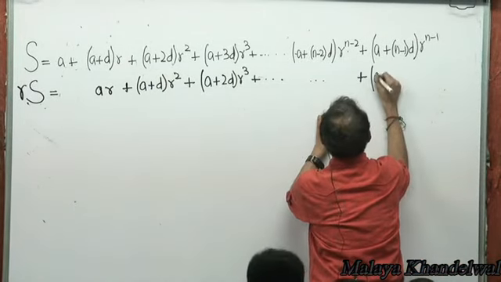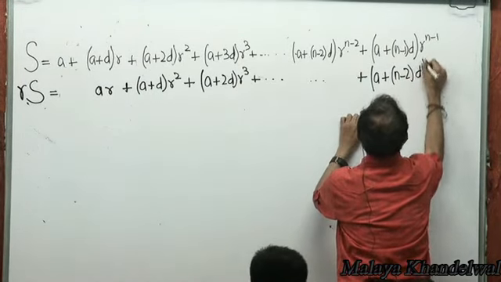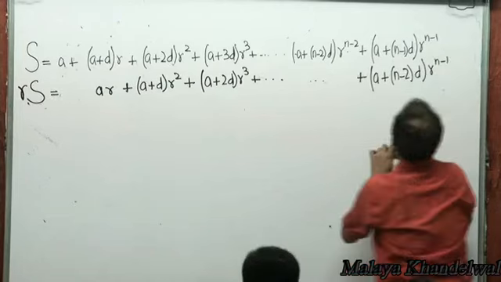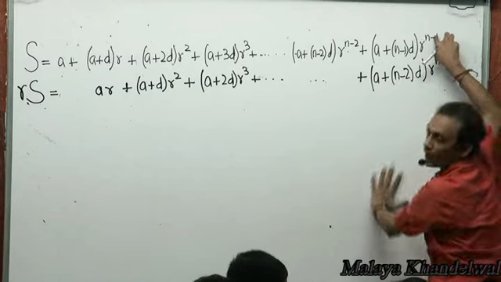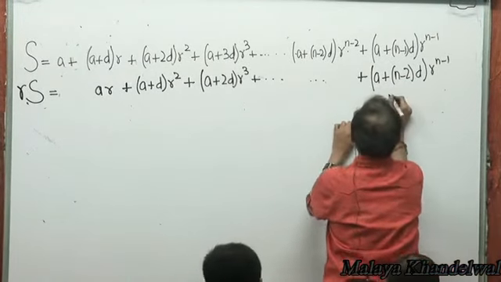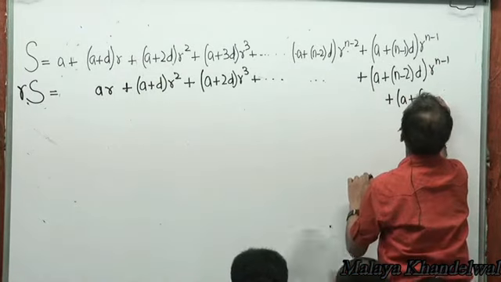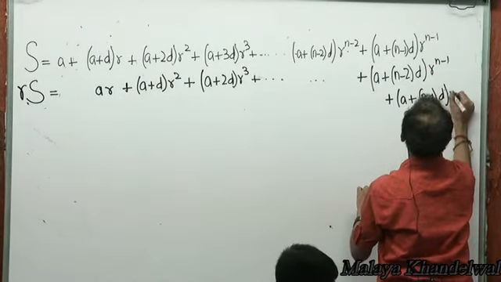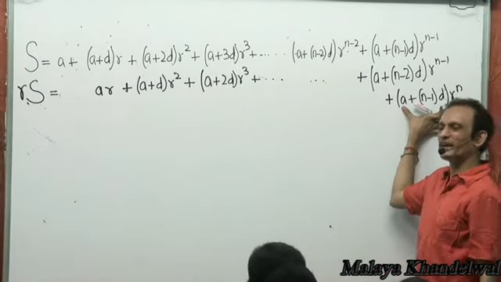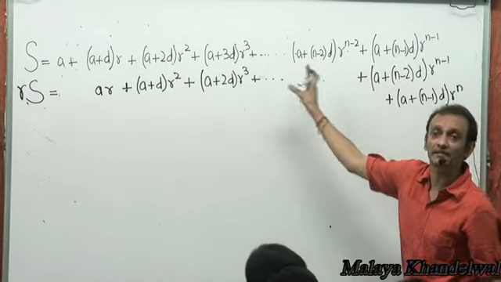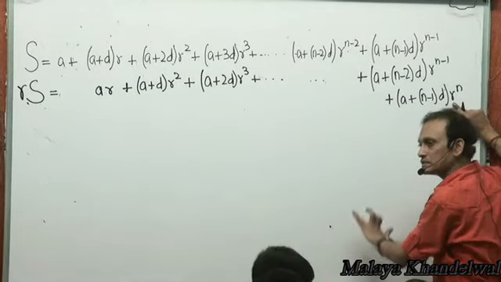Now when you multiply this with R, this will become A plus n minus 1 into D into R to power n, right? So there is this isolated term, the other terms are paired. The other terms have got paired, right? This then becomes isolated, right?